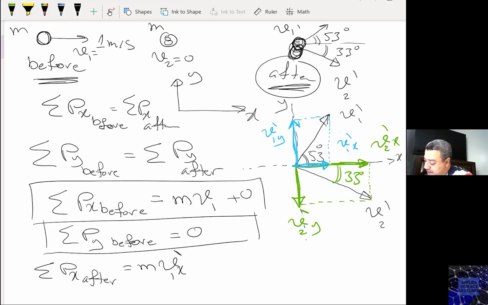I have V2 prime x also being positive, right?